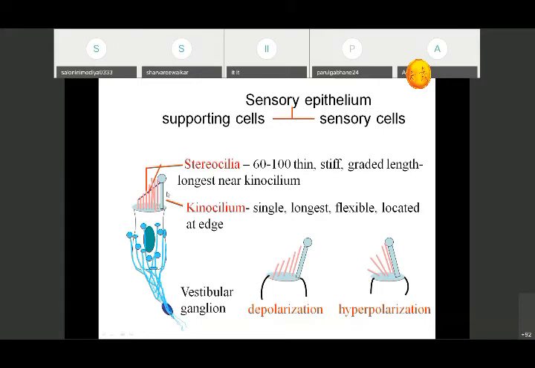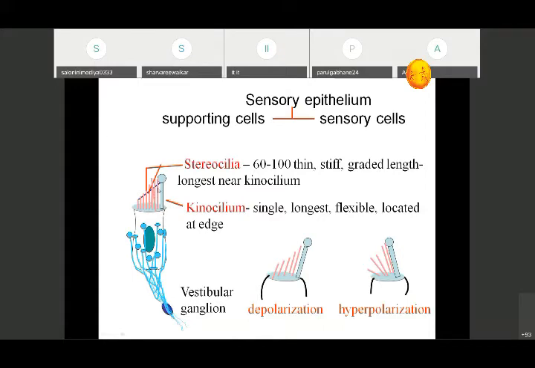Now this cilia arrangement is such that there is one large single long cilium. This large single long cilium is called the kinocilium. It is the single longest, flexible cilium, located at one edge of the hair cell.